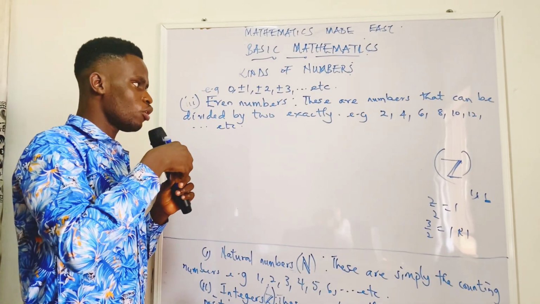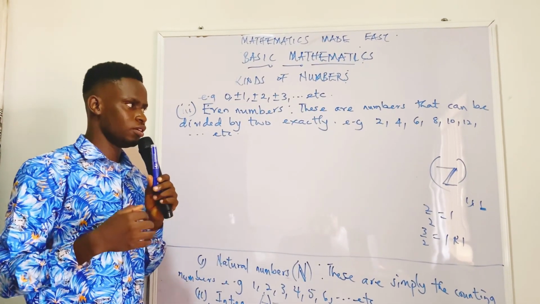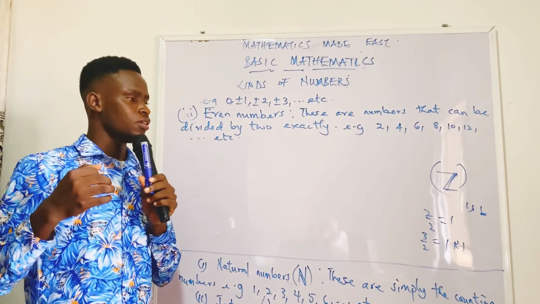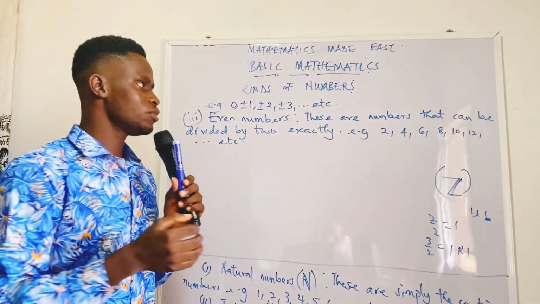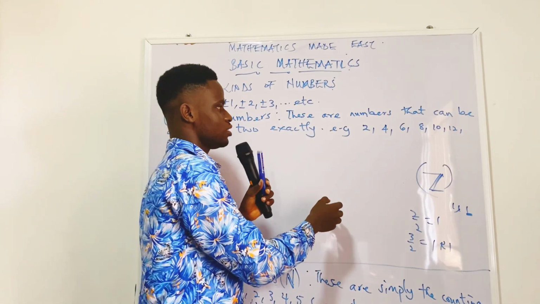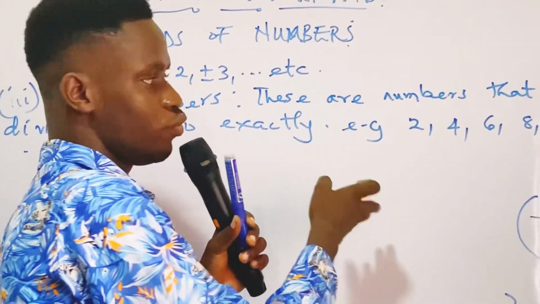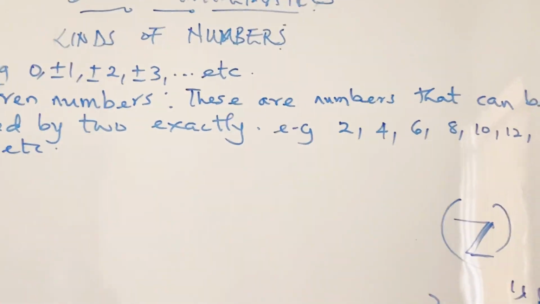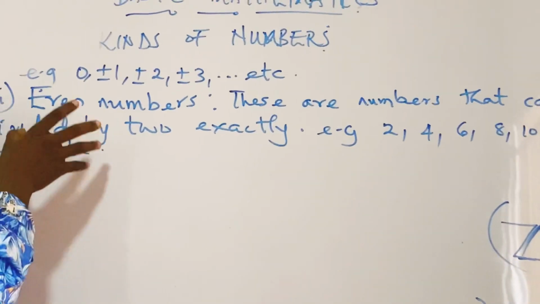One simple logic about even numbers is that numbers that end with the following digits 0, 2, 4, 6, and 8, you should have it in mind that they are always even numbers.